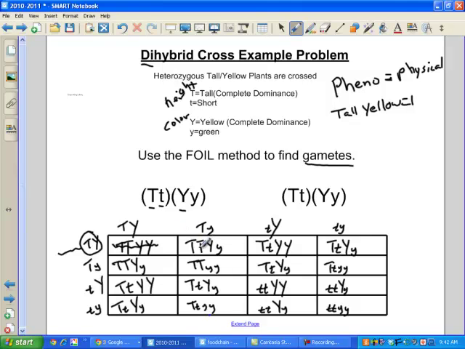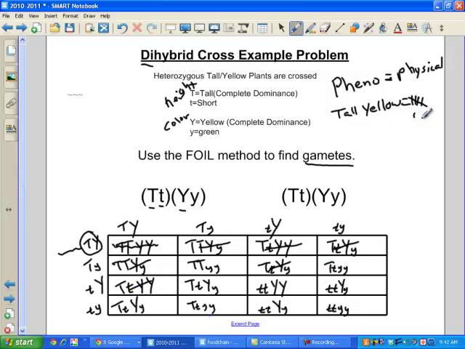Here's another tall yellow. This might get a little bit messy here. I might have to do something different. Here's another tall yellow. Here's another tall yellow. Here's another tall yellow. So we're at 5 now. Here's, that's not a tall yellow, that's a tall short. I want to stick with what I'm looking for right now, and then we'll come back. Here's another tall yellow. And here is, that's not.